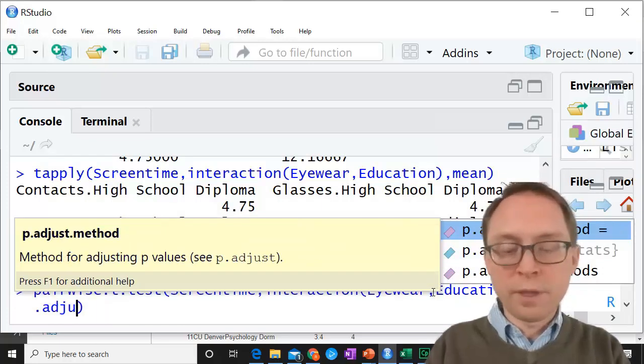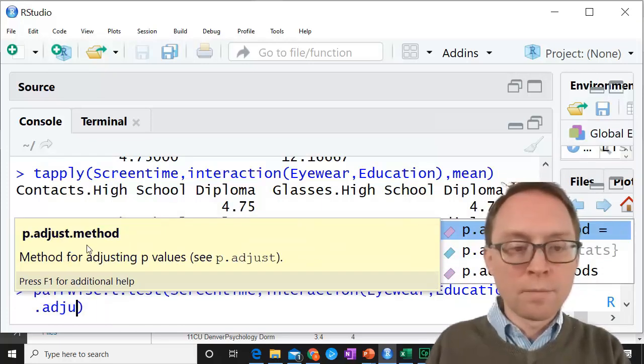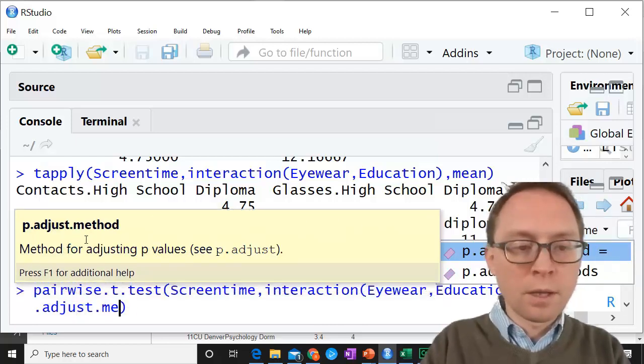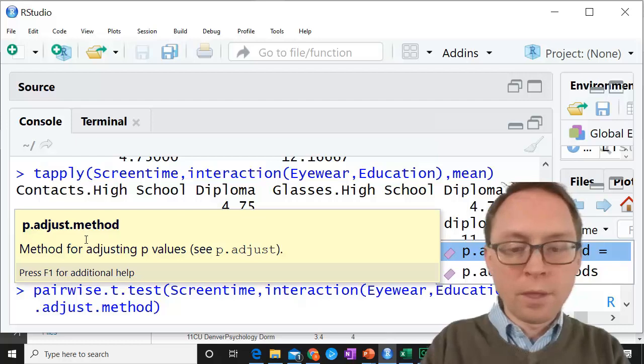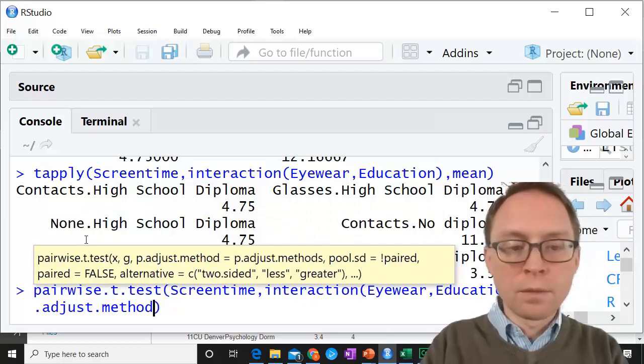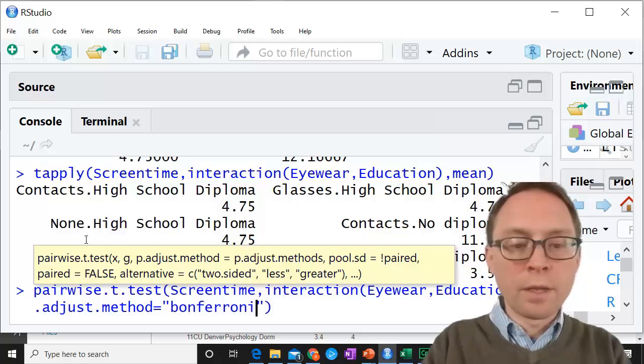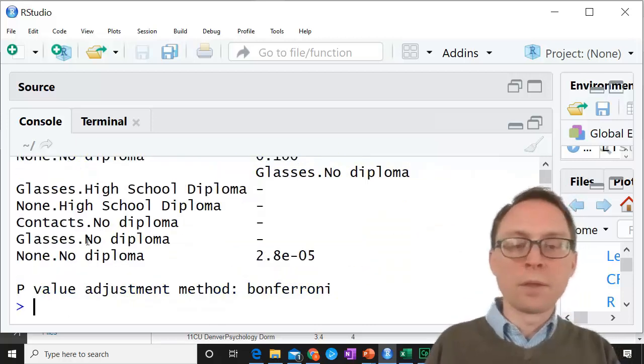I want the p-adjust method. Adjust method equals, and in parentheses, Bonferroni. When you do that, here's what we get.